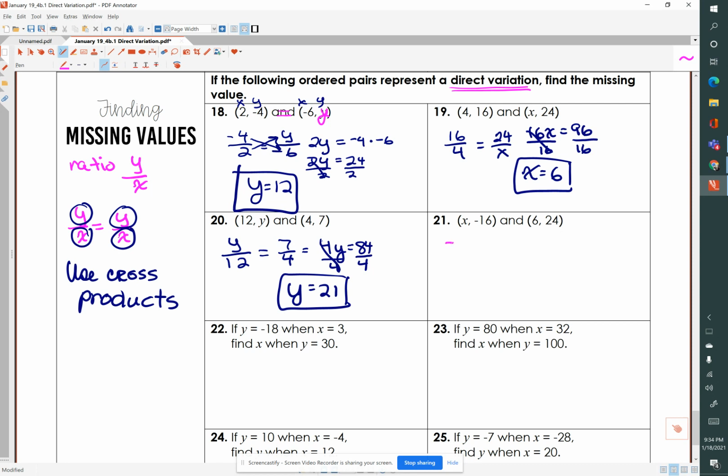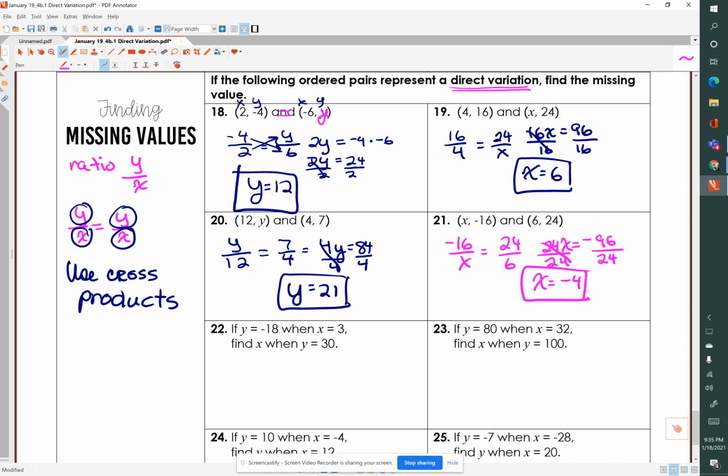Next, number 21, negative 16 over x equals 24 over 6, which means 24x equals negative 16 times 6, which is negative 96. Divide both sides by 24, and x equals negative 4.